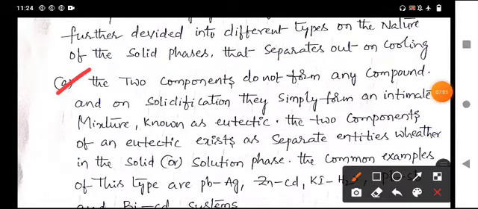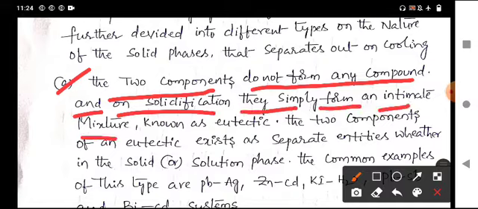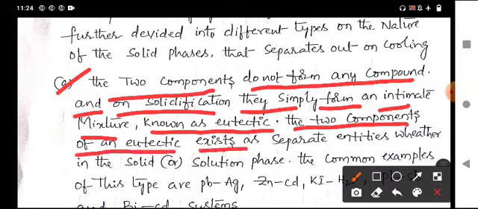First one: the two components do not form any compound, and on solidification they simply form an intimate mixture which is known as eutectic. The two components of a eutectic exist as separate entities whether in the solid or solution phase.